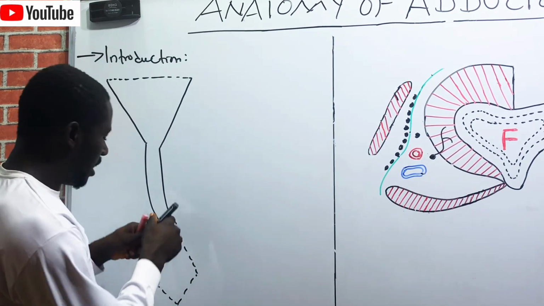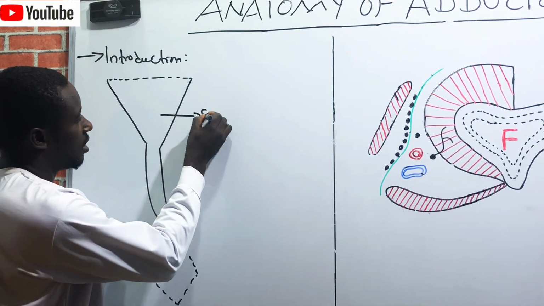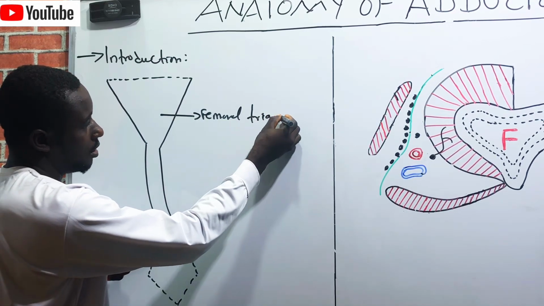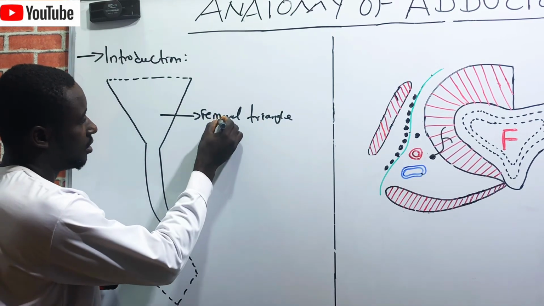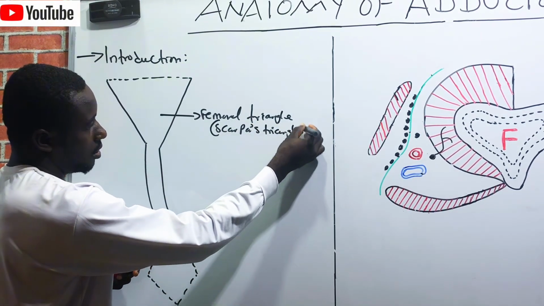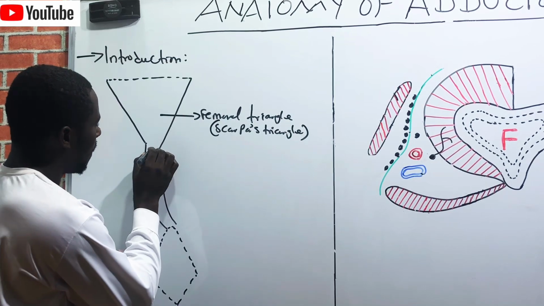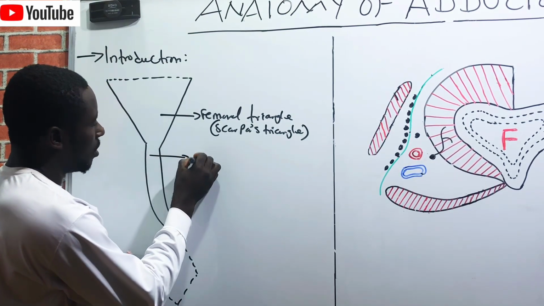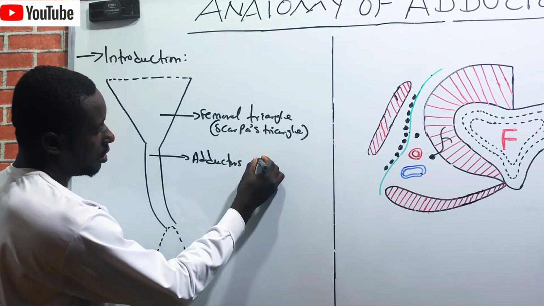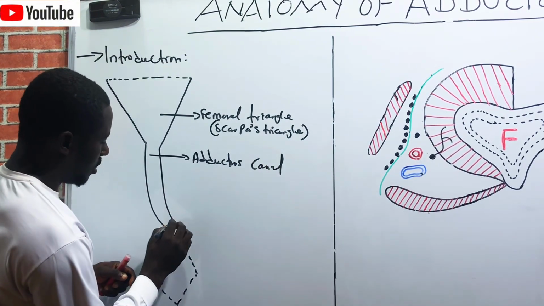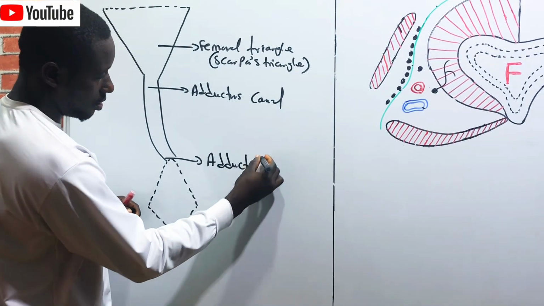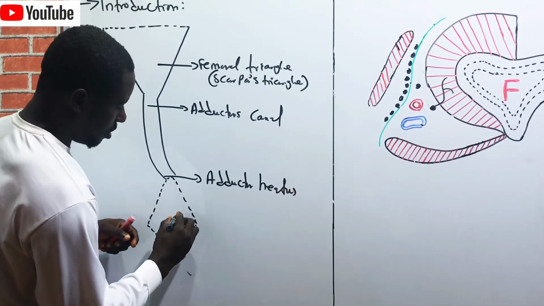This is the femoral triangle, which can be called the Scarpa's triangle. Here comes the adductor canal. Right here becomes the adductor hiatus. This is our popliteal fossa.